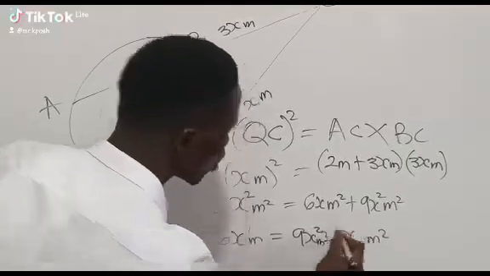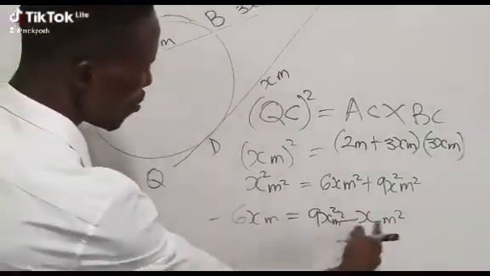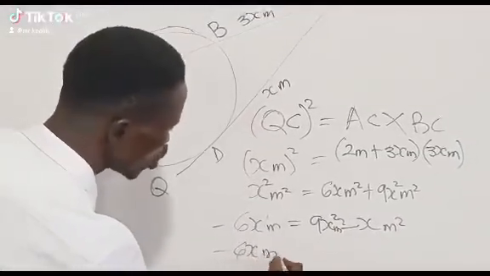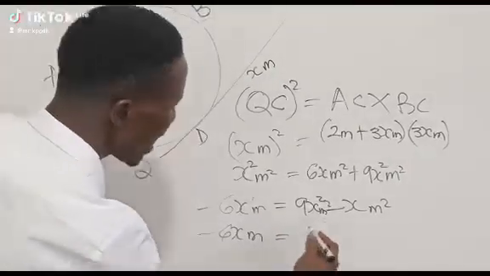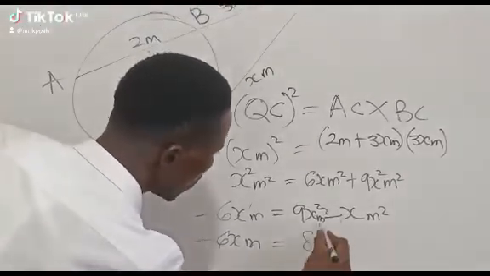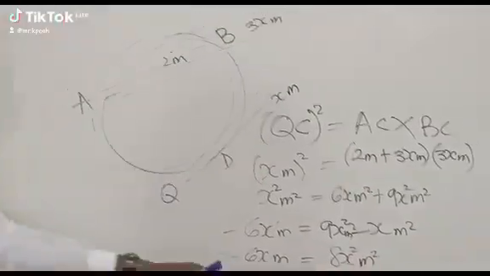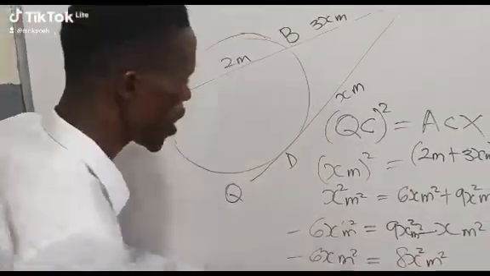So from this point, I will have negative 6x meter equal to positive 8x squared meter squared.